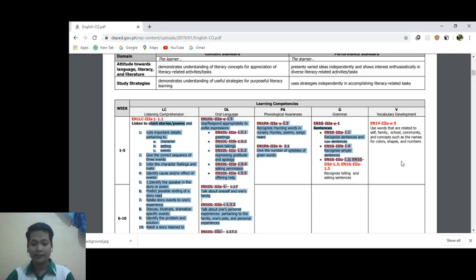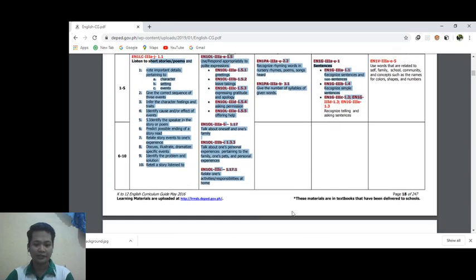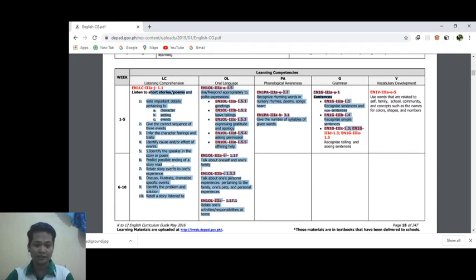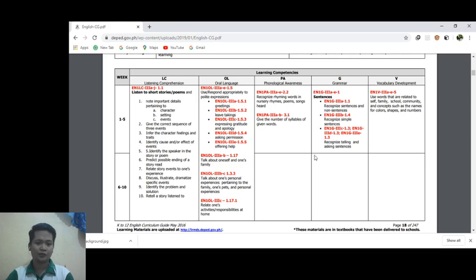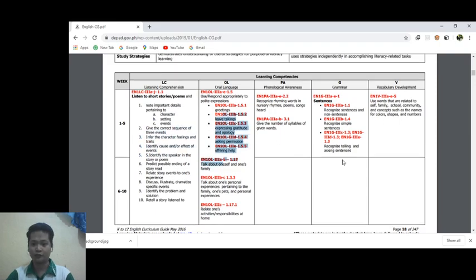In this curriculum guide, actually, they have a book provided already, so the activities and texts are there, provided by the Department of Education. But for us now, we are not going to use that book. We are just going to focus on the achievement of the competencies. Anyway, it is detailed here how we are going to do that.